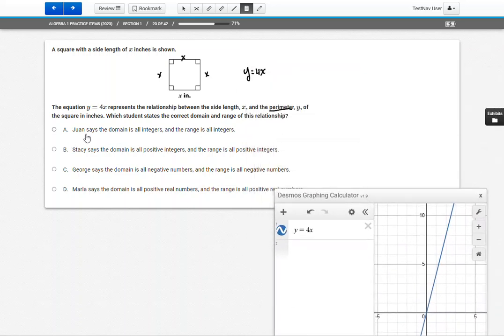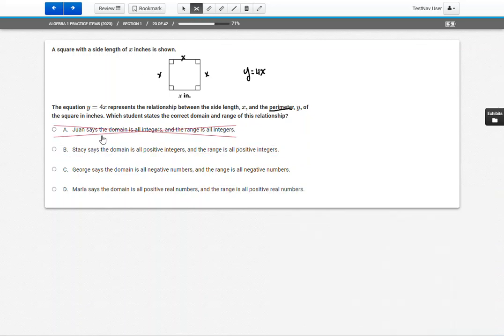One says the domain is all integers. Integers include negative numbers as well, so that cannot be it. Stacy says the domain is all positive integers and range is all positive integers. It cannot be negative because I cannot have negative lengths, right?